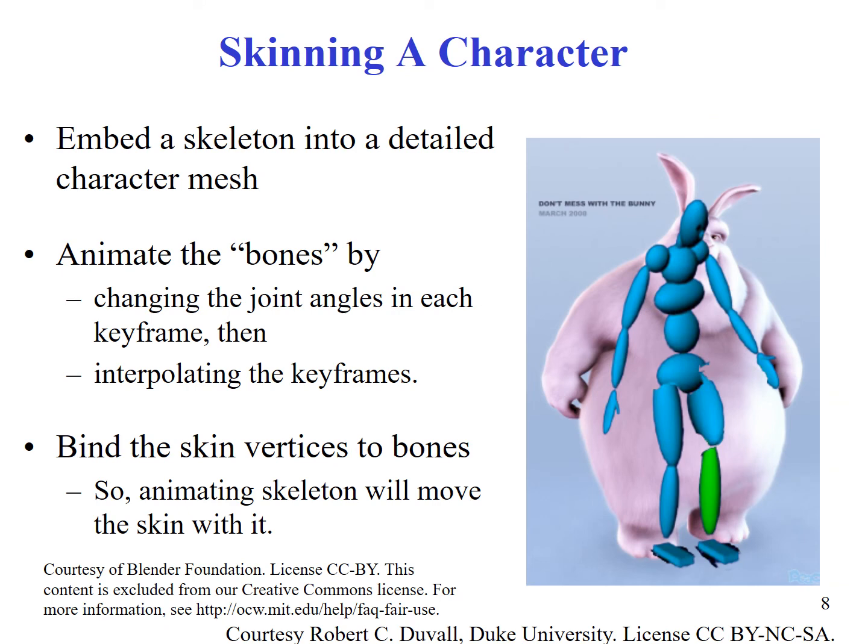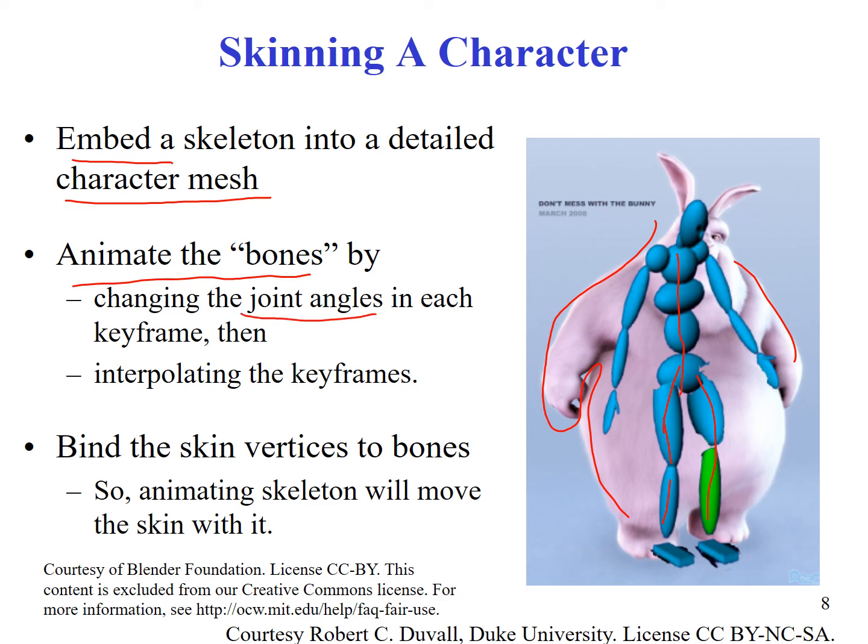Skinning a character. To skin a character, we embed a skeleton into a detailed character mesh. If you see here, the detailed character is a heavy rabbit, whereas the skeleton is just a connection of some thin bones. Then we animate the bones by using transformation matrices or specifying movements as joint angles.